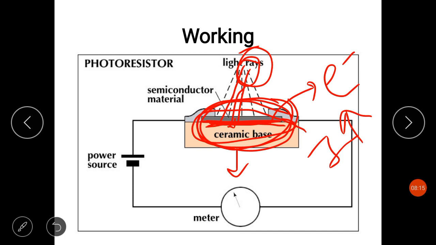So it has high dark resistance and low irradiated resistance, and because of this, these semiconductors are called photoconductive cells or photoresistors, or sometimes light dependent resistors.